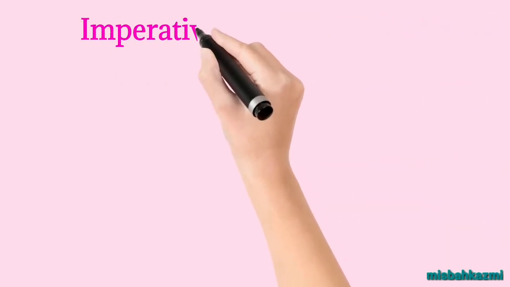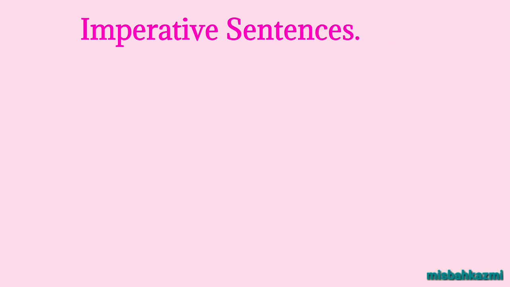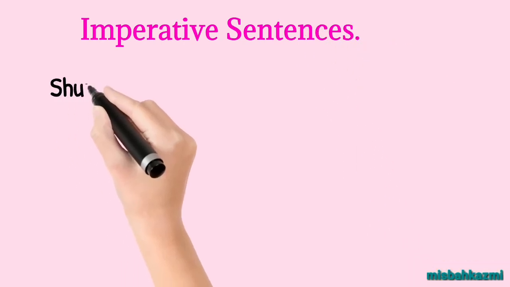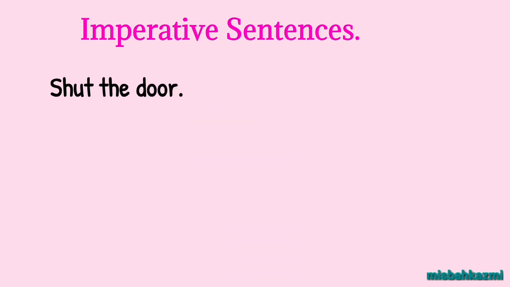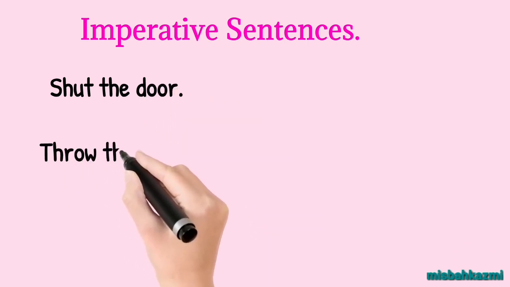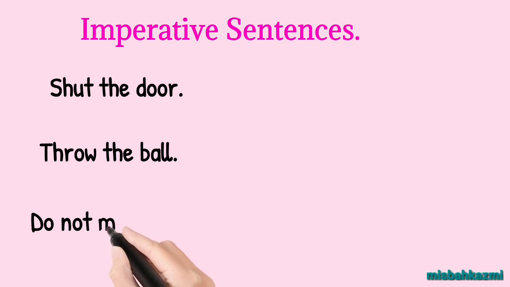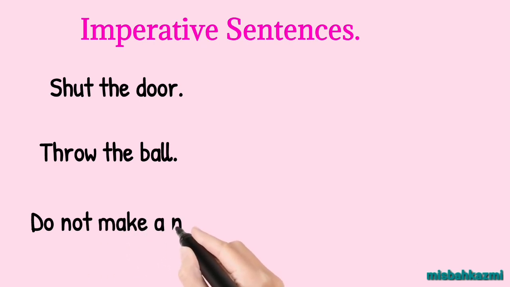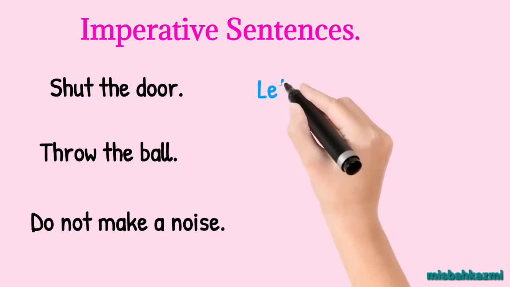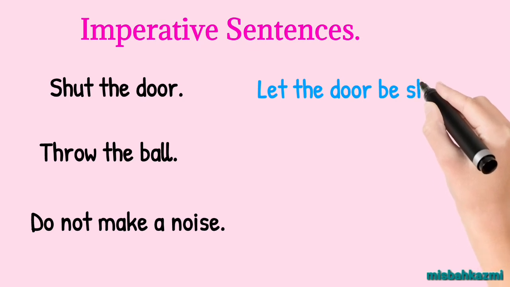Now we will discuss imperative sentences, sentences with a command, the sentences which start with the verb. Shut the door. This is the first example. Throw the ball. This is the second example. Do not make a noise. So you can see they all start with the verb and the action. So they will be converted as let the door be shut.